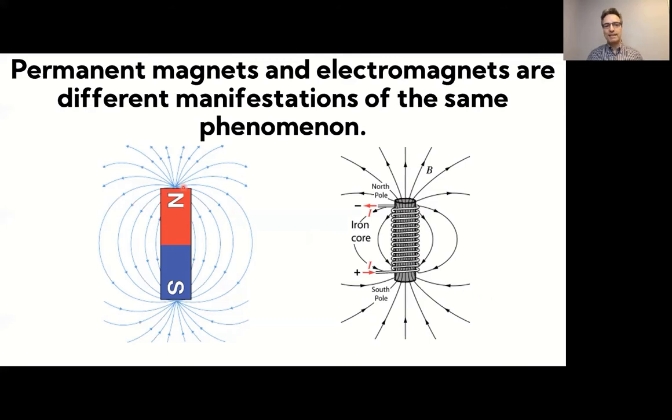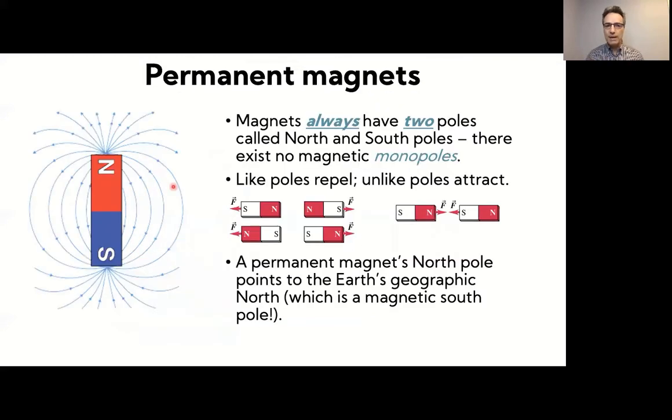So if a magnetic field points out of something, that corresponds to a magnetic north pole. That is important because it tells you when there are attractive or repelling forces. If you have two like poles, they will repel. Only opposite poles will attract.